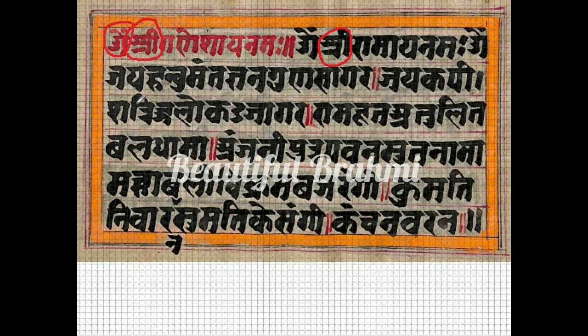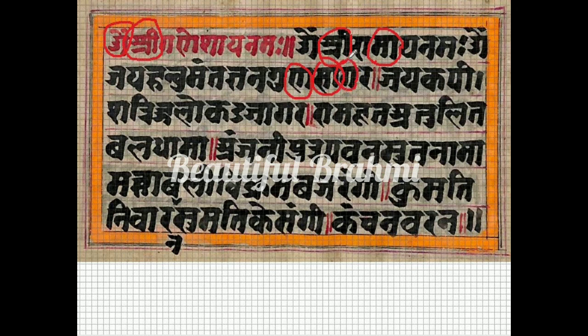It says Jaya Hanumanta Jana Guna Sagara. The orthography of Sa and Ma should be observed over here because they look very similar. The Ma over here and the Sa over here is fairly similar. Similarly, the orthography of Na and the orthography of Ga is fairly similar.